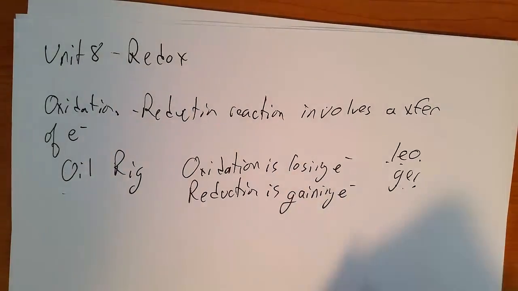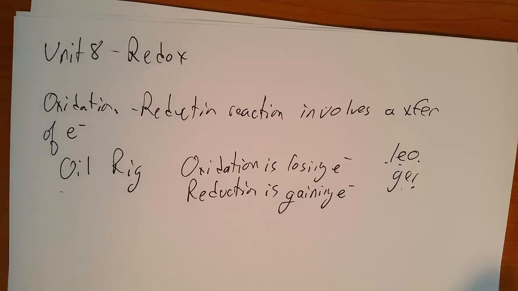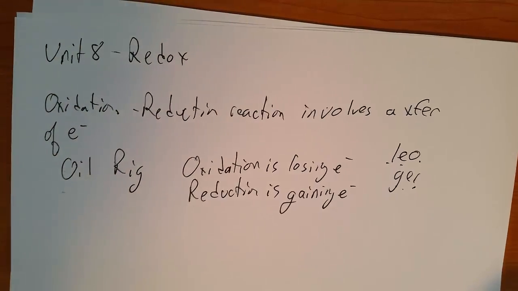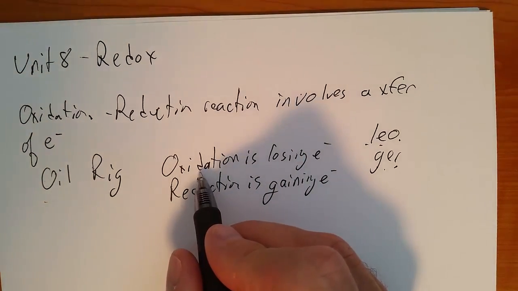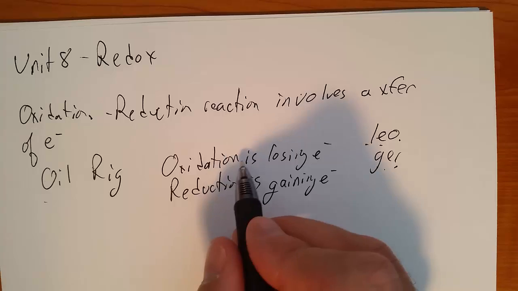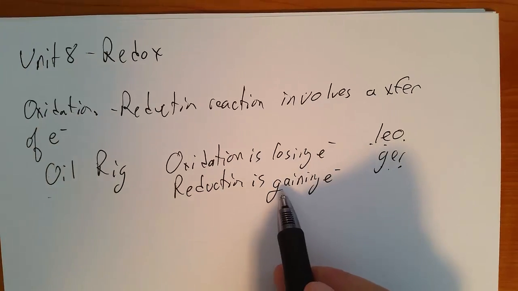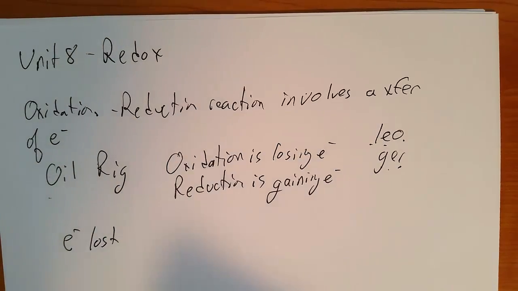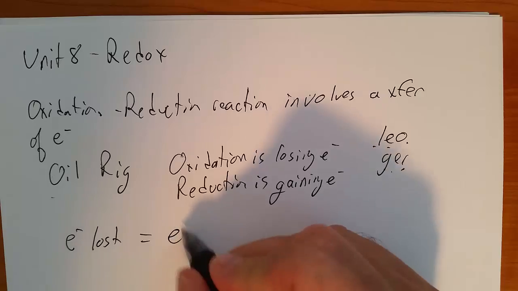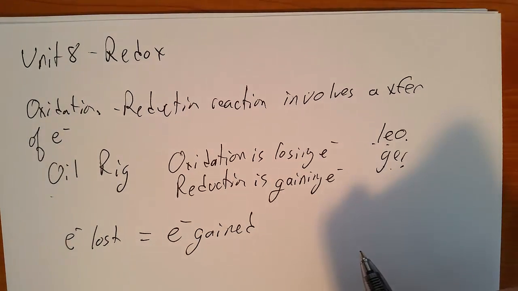I prefer OIL RIG, but either way is fine. So, oxidation is when something loses electrons. Reduction is gaining electrons. And in a reaction, electrons lost by one species must equal electrons gained by the other species.